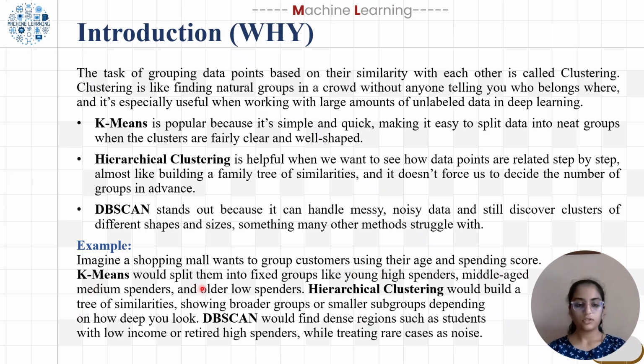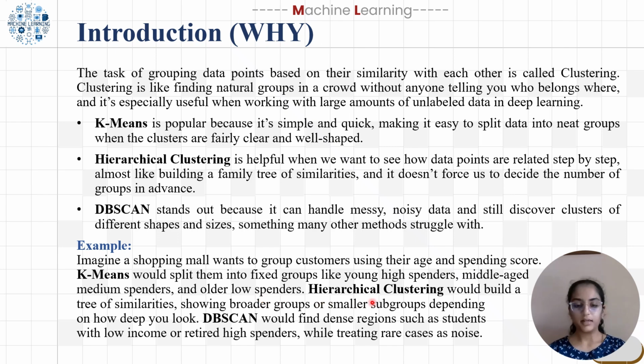K-means would split them into fixed groups like young high spenders, middle-aged medium spenders, and older low spenders. Basically, K-means would make the groups based on a particular similarity.